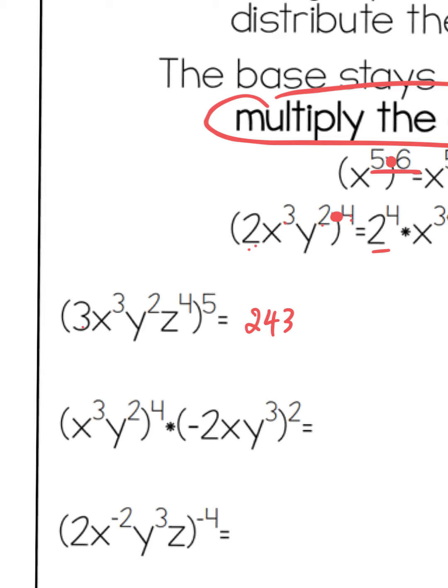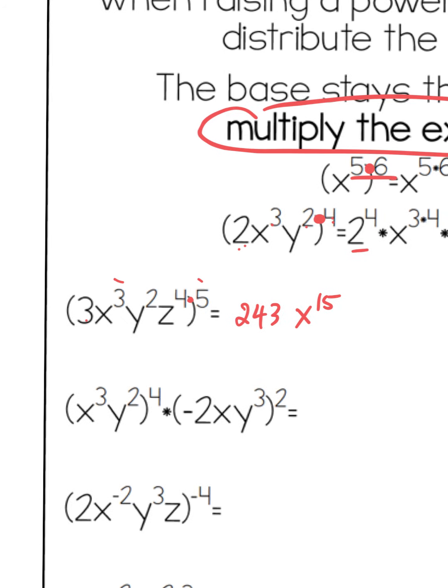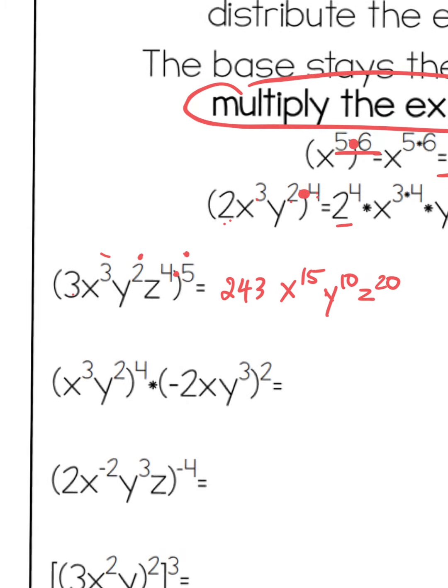Now x raised to the power of 3, and then 5. I put the dot right there so I know I'm going to multiply 3 by 5. So I got 15 for x. And then y 2 to 5, y 10. Z 4 to 5, I have Z 20. They are positive, so I'm good.